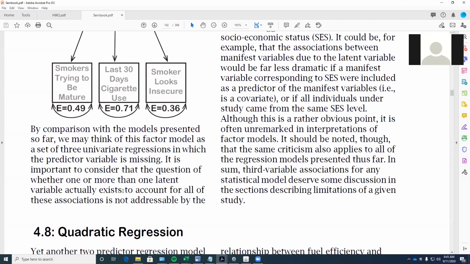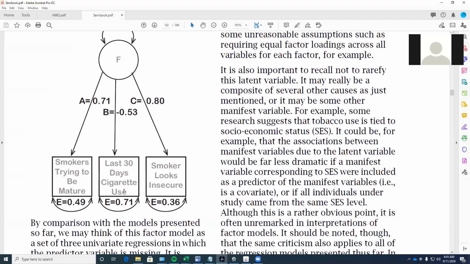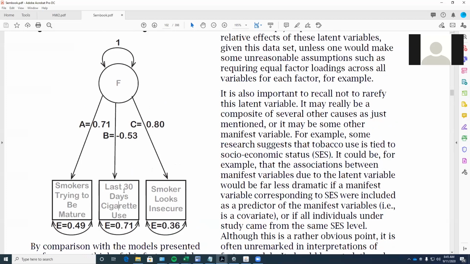So just wondering, for this factor analysis, the diagram seems to me that the latent variable explains these 3 manifest variables. We interpret it like that? Yes.